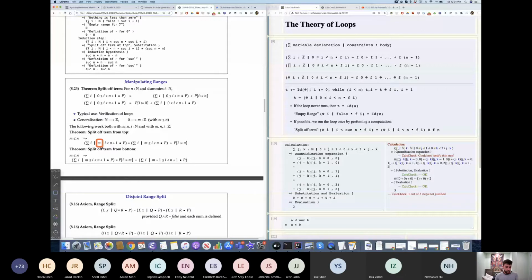So if this range is not going to be empty when m is actually less than n. If you take m to be 100 and n to be 0, this is going to be false. There's nothing that's at least 100 and less than 0 plus 1. So that's what the proviso ensures. It ensures that this is actually non-empty, and so you can split out a term. Okay.